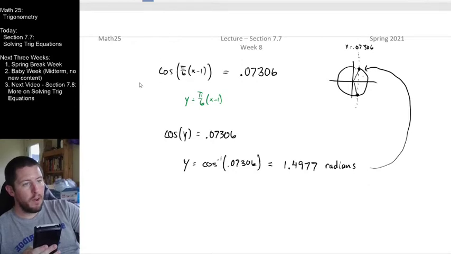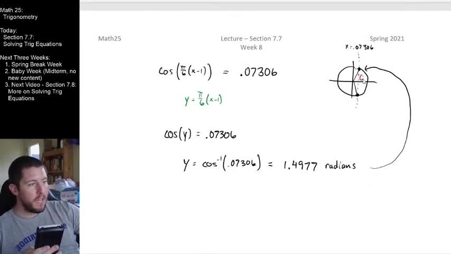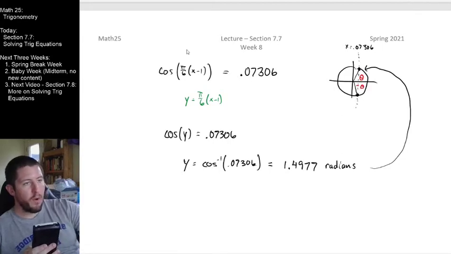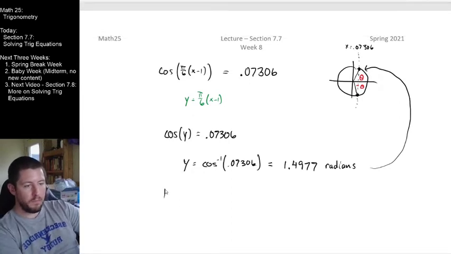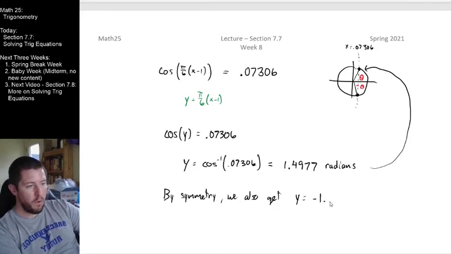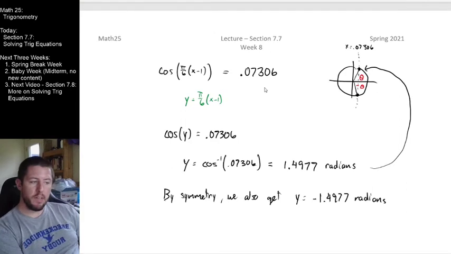If this is theta, then this down here is just negative theta to get to my other point over there. So by symmetry, we also get y equals negative 1.4977 radians. Those are my two values that are going to land me at a cosine output of 0.07306.